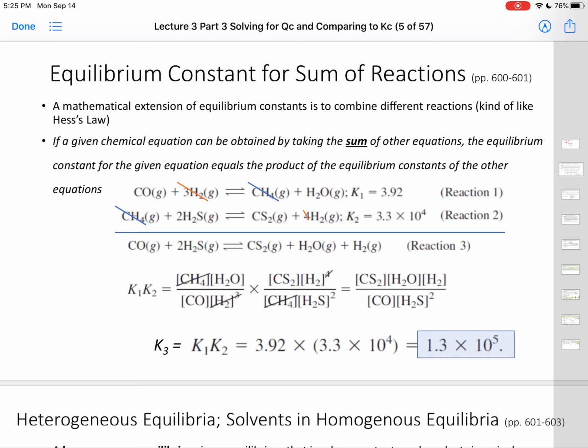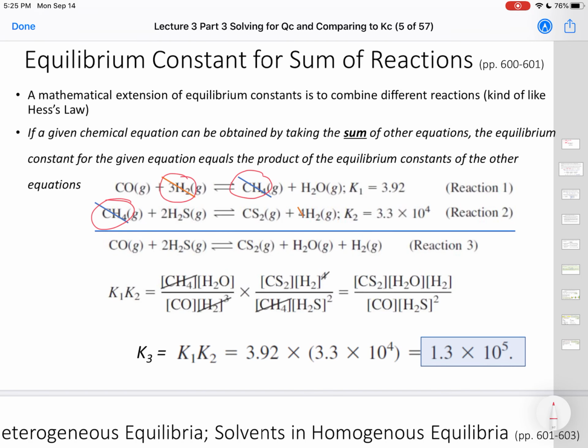Just as a reminder from our previous chapter, when you have two elementary reactions, oftentimes you have a reaction intermediate. In this case, we have two reaction intermediates. Reaction intermediate number 1 is the CH4. It appears before and after, as a reactant and as a product. And we have the H2.